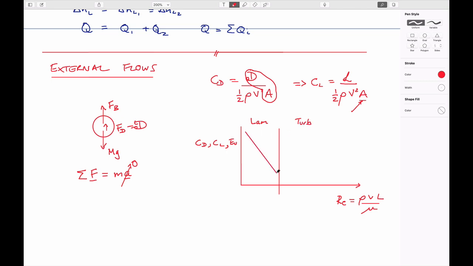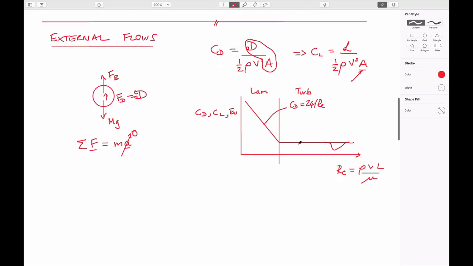If you look at the behavior of a sphere, then it ends up being something like the coefficient of drag is equal to 24 divided by Reynolds number. And once you get into the turbulent regime, you may get a few little ripples in this, but basically it's the same as before, and that is that the coefficient of drag is constant at all Reynolds numbers beyond the threshold of laminar to turbulent. And so again, the coefficient of drag, and therefore the drag force.